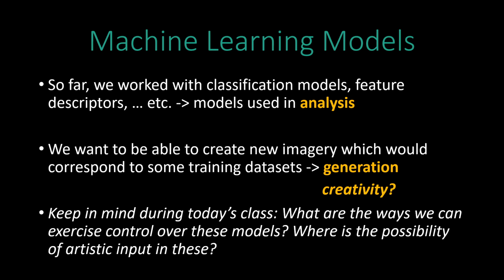We will sort of keep that in mind, and then during today's class we'll sort of try to ask questions, sort of like where in these descriptions of technology you can actually have some control over these models. So where you can sort of exercise some sort of artistic input over these.